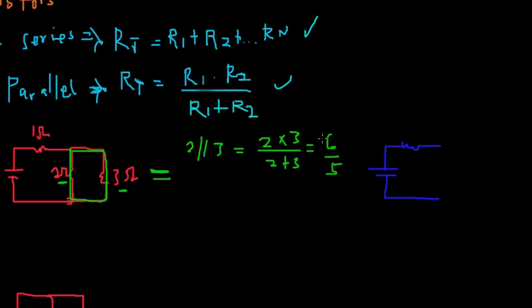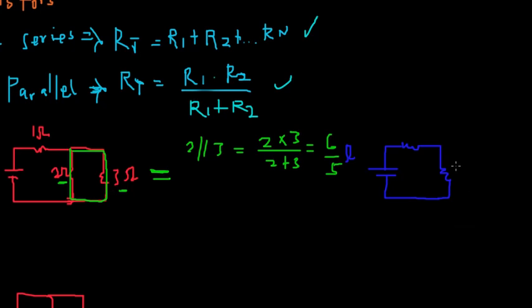All you have to do is represent resistor 6 over 5, that's 1.2 ohms, in this form. So instead of representing it with resistors 2 and 3, just represent it by one resistor, something like this.